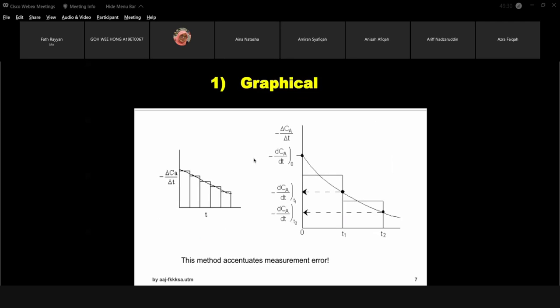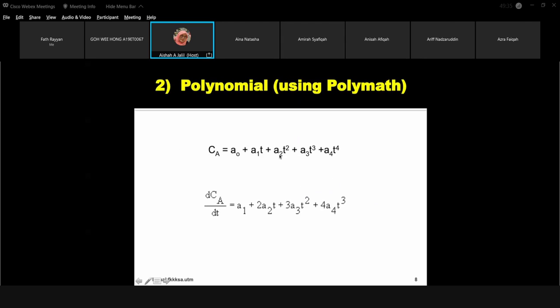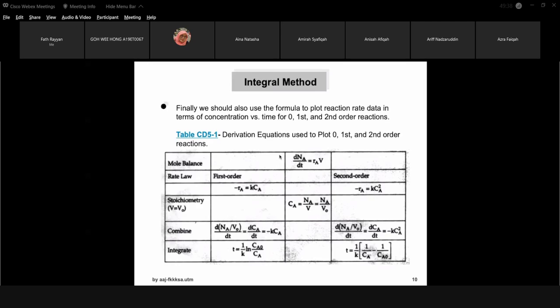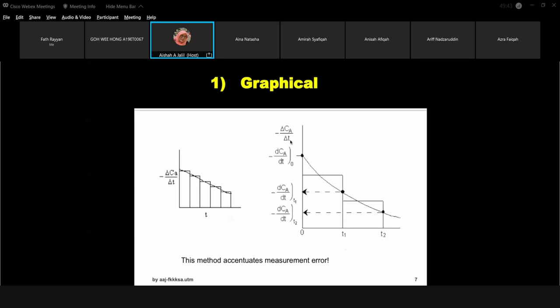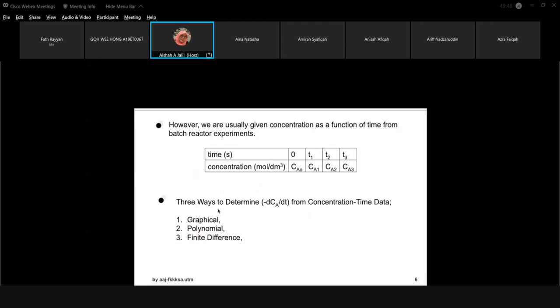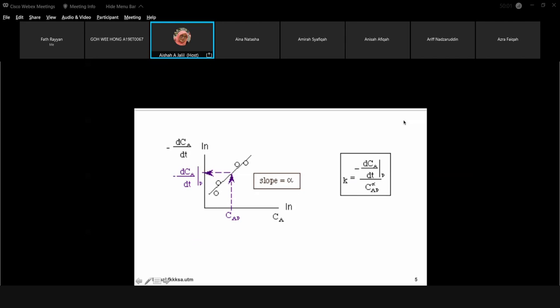After you plot it and you got the points, you have to learn all. So your table, you have to do once again. Here is dCA over dt, and the other one is ln dCA per dt, and then the ln of CA.